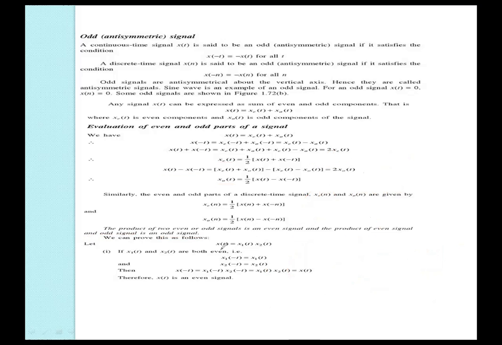So we can prove that as follows: x of t and x1 of t. So x1 of minus t is x1 of t, and x2 of minus t is x2 of t, and x of minus t is x1 of minus t times x2 of minus t. Both are the same, an even signal of t.